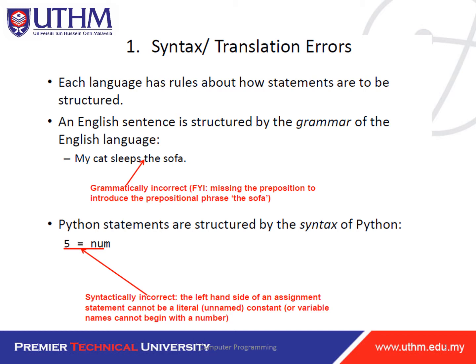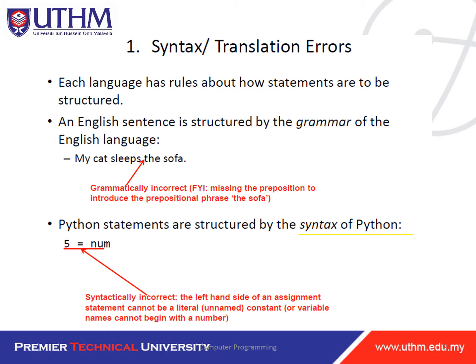Python statements are structured by the syntax of Python, so programming also has its own rules. Now you can see what the error is. You want to declare number equal to 5, however, you twist the left to the right and the right to the left. It's supposed to be number = 5, but you put 5 = number. So this is syntactically incorrect.